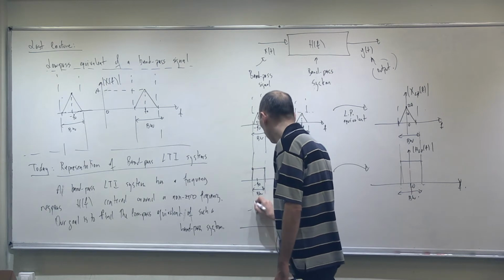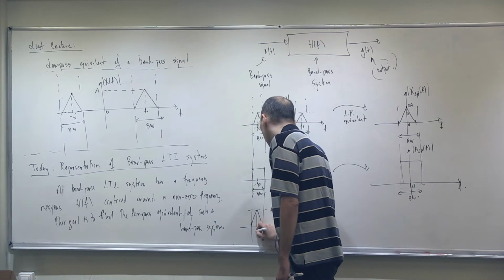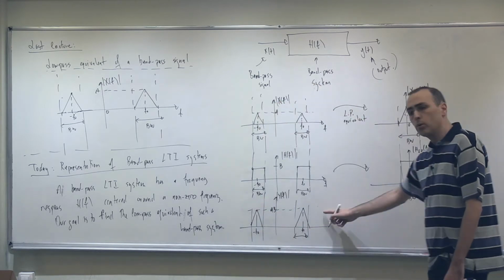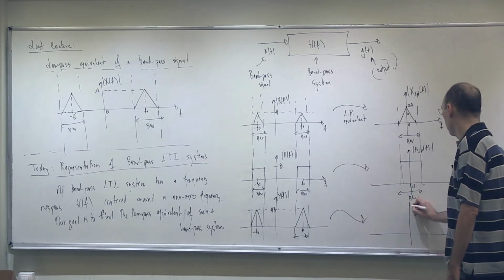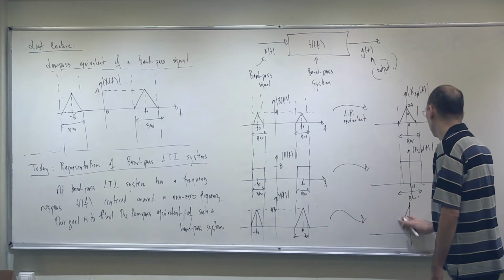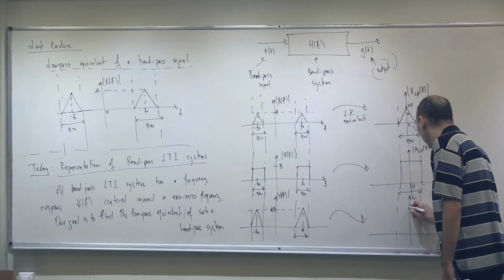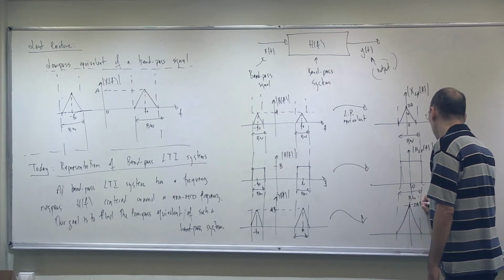So let me have this. This is the AB. This is also a bandpass signal. If I sketch this, now this time it is the same. I should get 2 times AB.